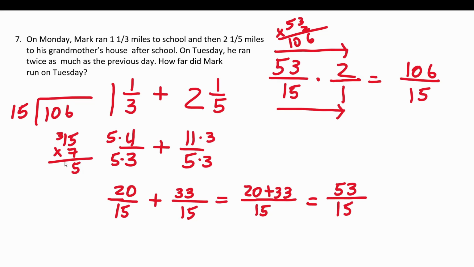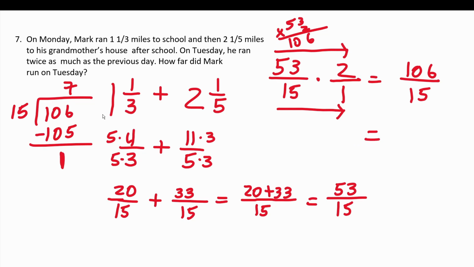Drop down the 5, carry a 3. 1 times 7 is 7, plus 3 is 10, so 105. So 15 goes into 106 7 times, as we just saw; 15 times 7 is 105. 106 minus 105 is 1.